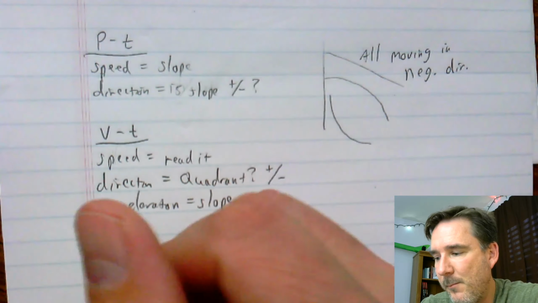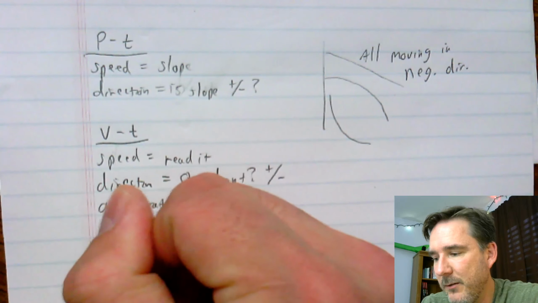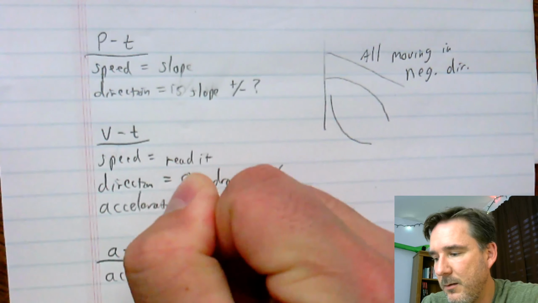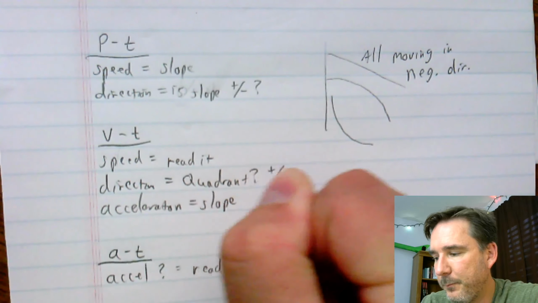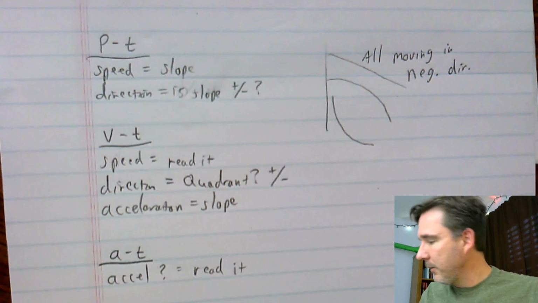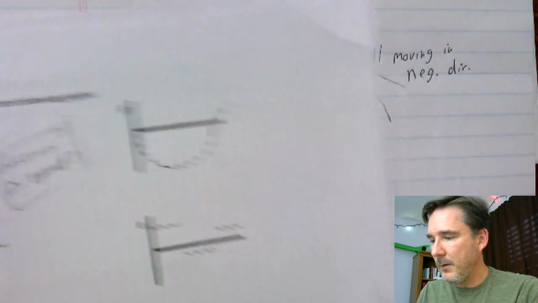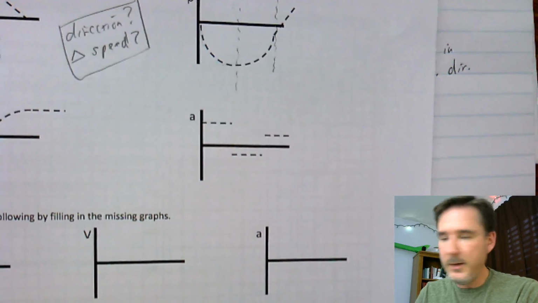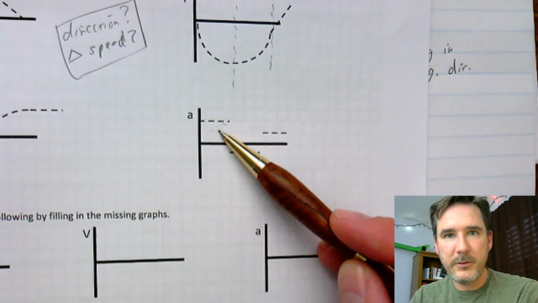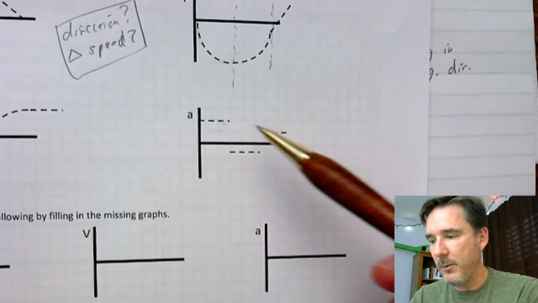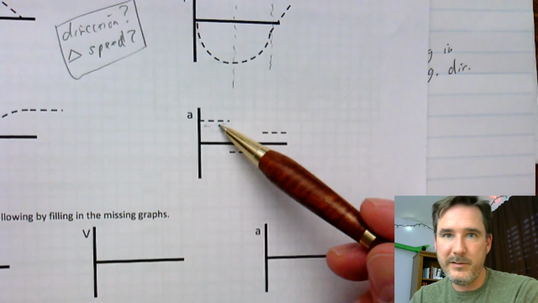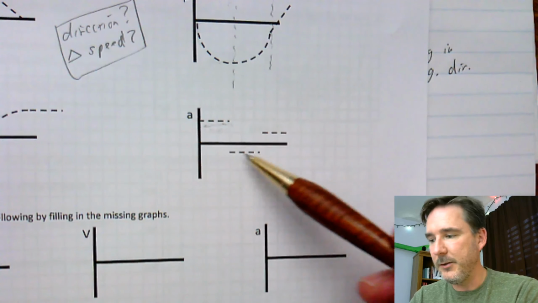So what is its acceleration? Well, you read it. Okay. So for example, this one right here. If there were numbers associated with it, you can read it and you can tell me what it is. What's the acceleration from here to here? Well, it's not changing. It's going to be the same acceleration.